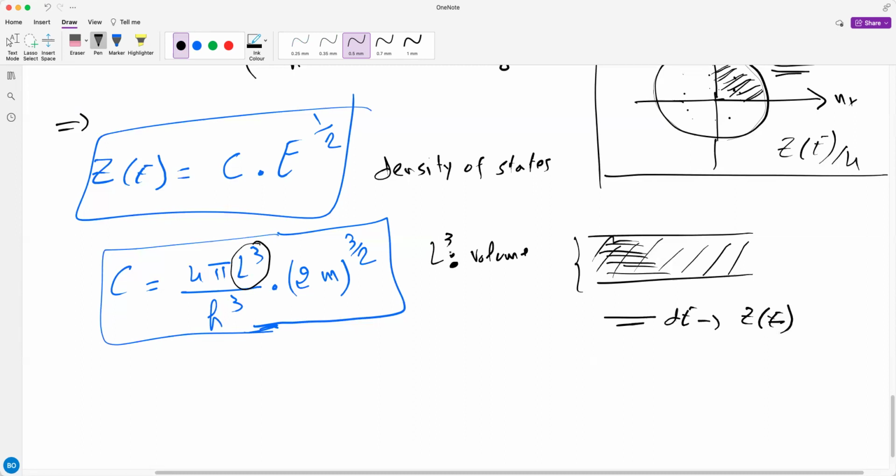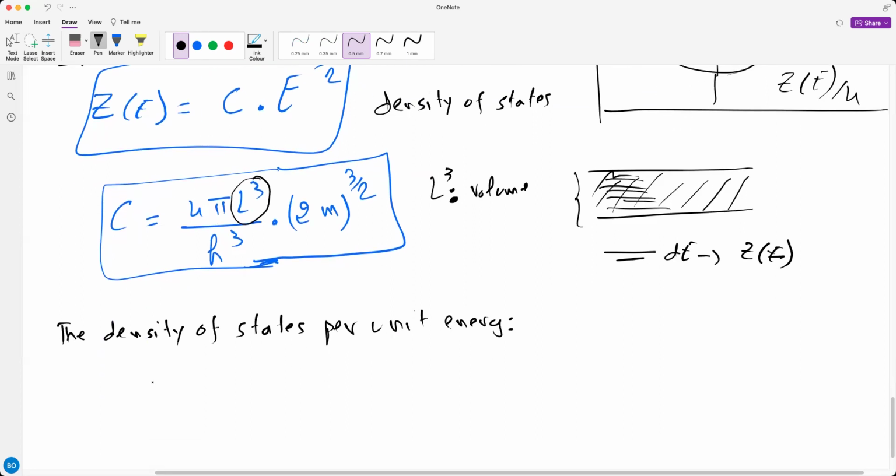In some textbooks, and also in the textbook you have, they are also talking about the density of state per unit energy, and they call it the same, except that it is equal to that density that we calculated divided by L cubed.